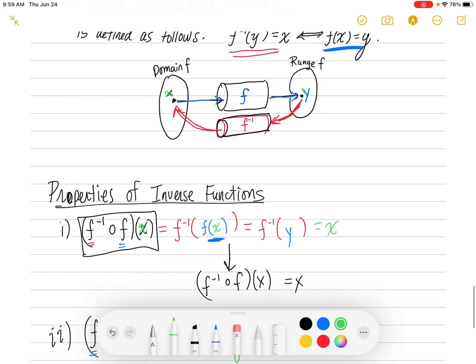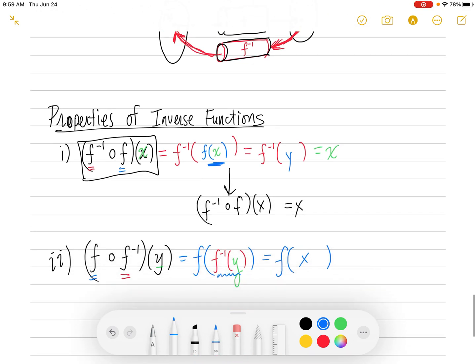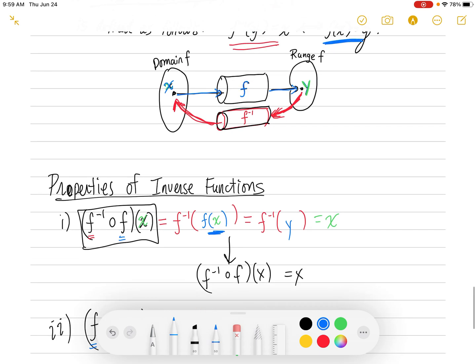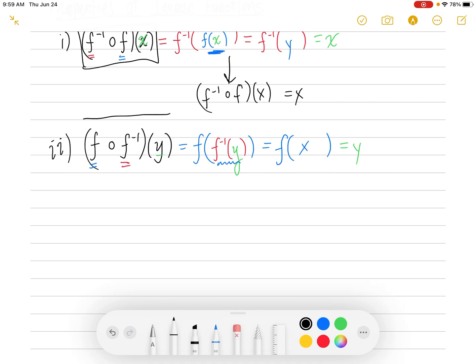I keep the f on the outside and figure out what f inverse of y is. I'm starting with y, so y gets sent through the f inverse function and comes out as x. So I replace f inverse of y with x. Then we take x and plug it into the f function, and out the other side comes y.